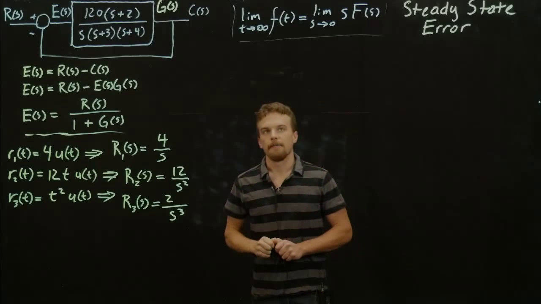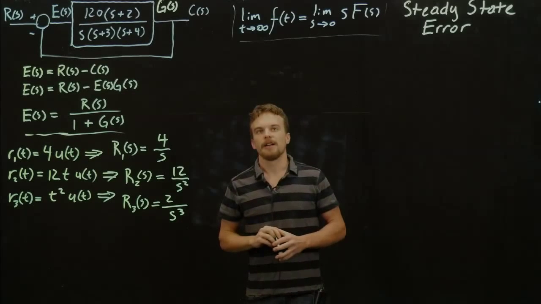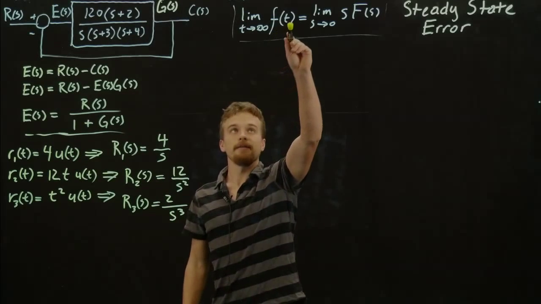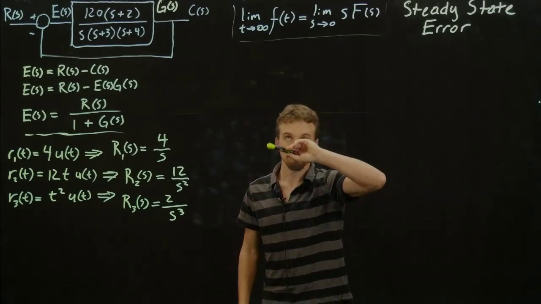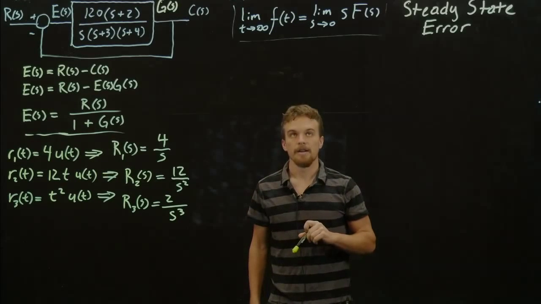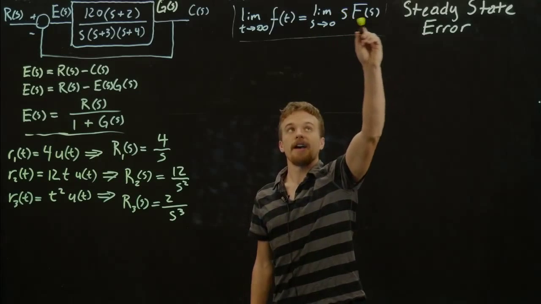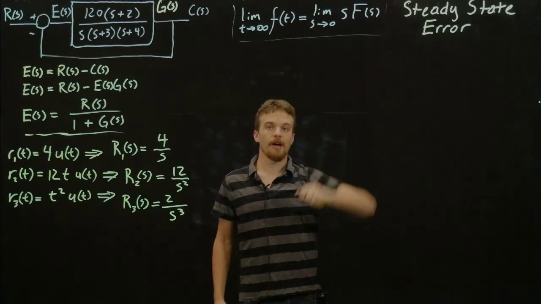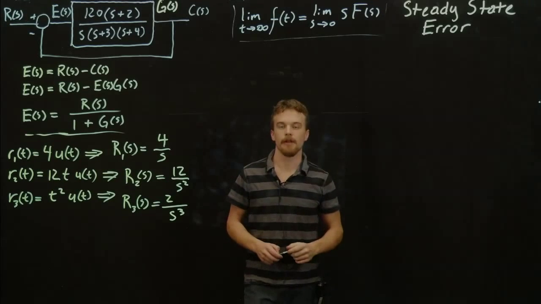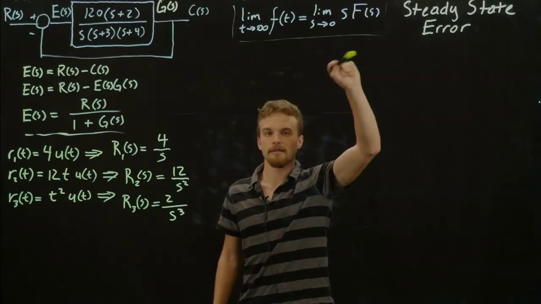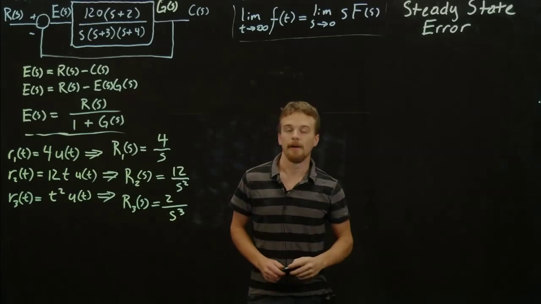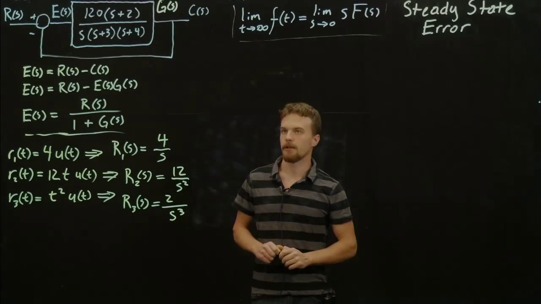That says that the limit as t goes to infinity of some time function is equal to the limit as s goes to 0 of s times its Laplace representation. This is not trivial. This is something that someone proved, and we use it a lot, so that's probably a good thing to memorize.